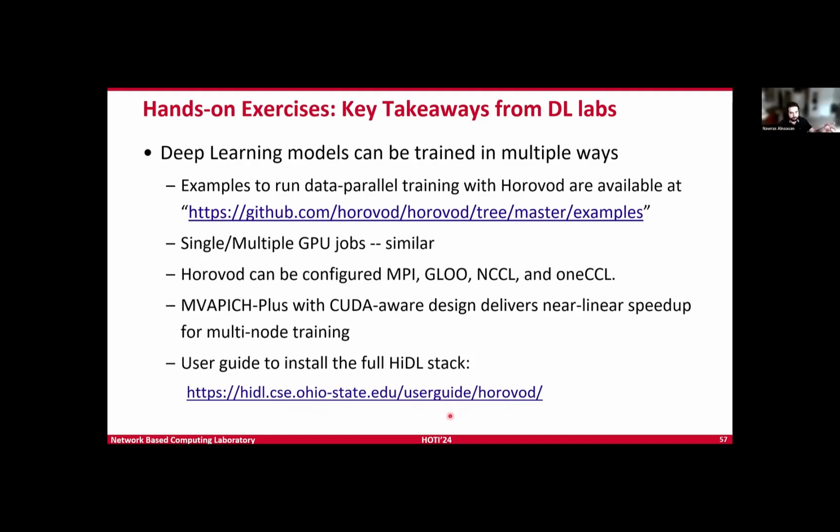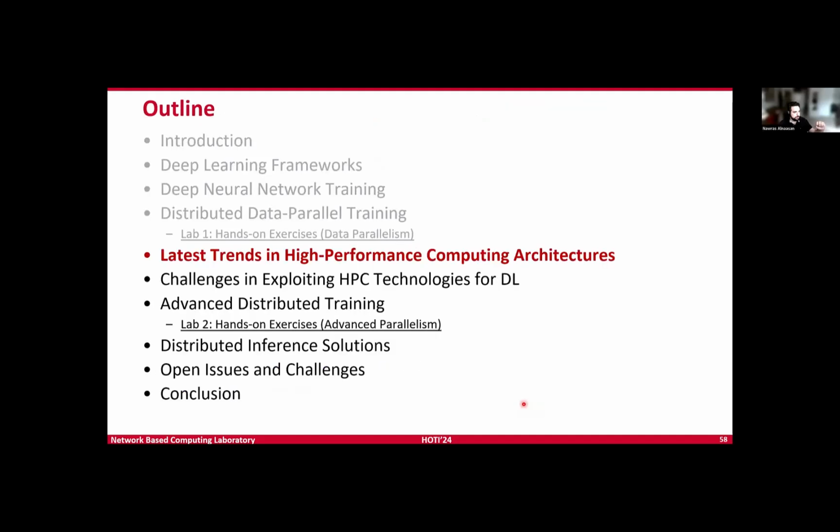We have multiple packages and different user guides, but the specific package that we just used is under Horovod. We have other packages for inference, for large image training, and more that you can use. And with that, if there are no other questions, I can hand it to Hari.